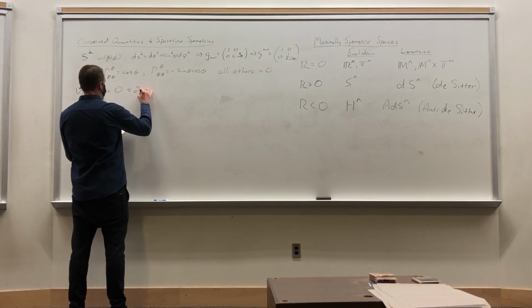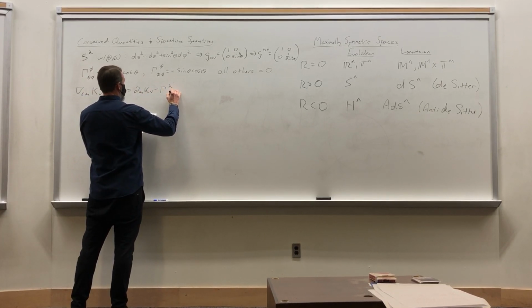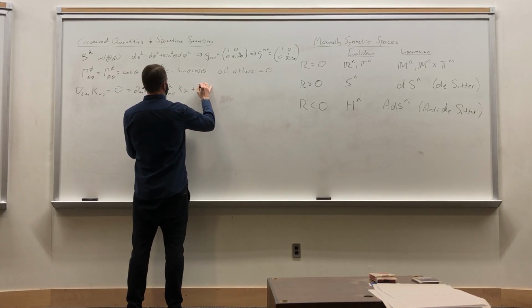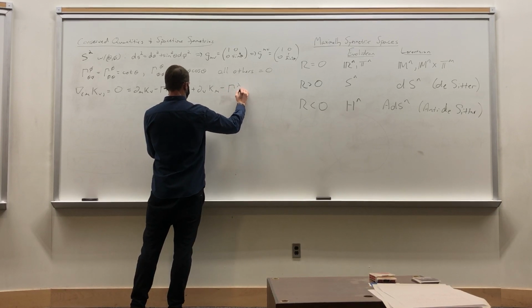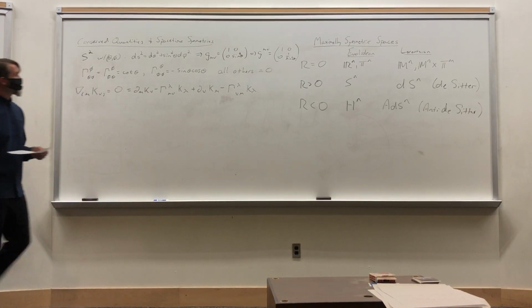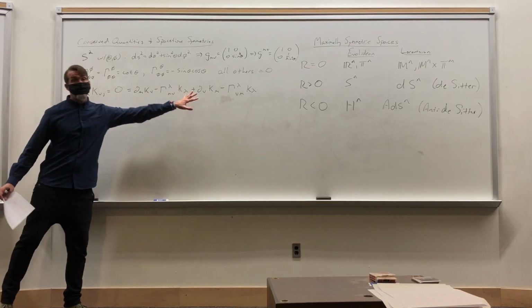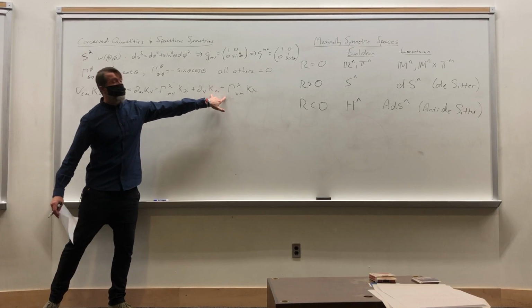So let's do it. First of all, let's expand it out. D mu k nu minus gamma lambda mu nu k lambda plus d nu k mu minus gamma lambda nu mu k lambda. All I'm doing is putting in the covariant derivative and then doing the symmetrization between mu and nu, so this is this with mu and nu interchanged.